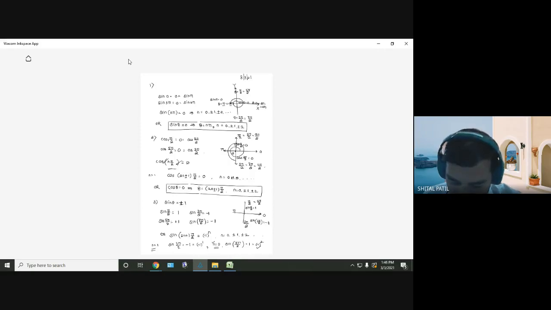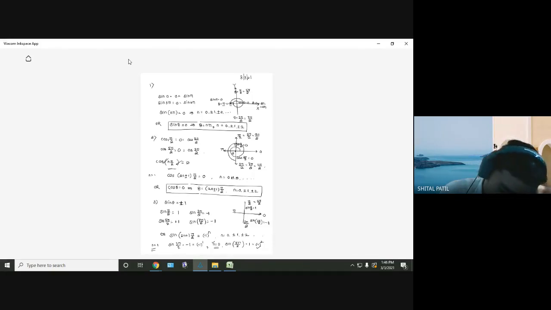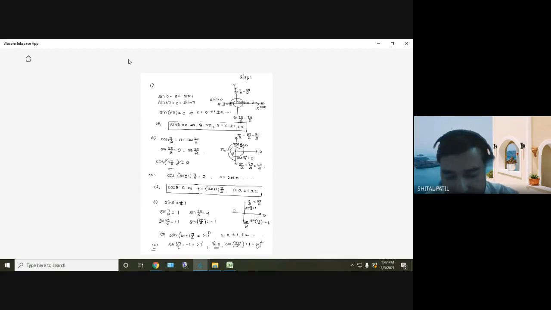So can I go through the next page? So 1 minute. 1 minute, sir. Okay. फास्ट. हाँ, उतना टाइम नहीं है हमारे पास. प्लीज लेट मी चेंज द पेज.